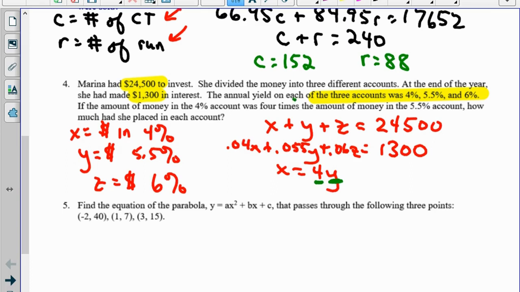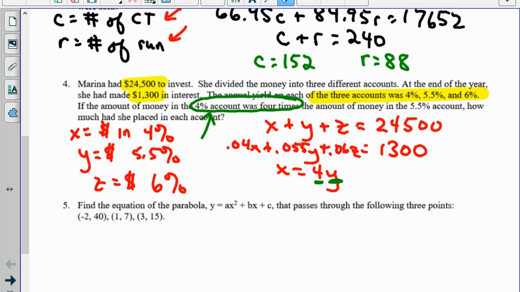The 4% account has more money, which means I should multiply the amount in the smaller account by 4. A lot of times that causes some confusion.